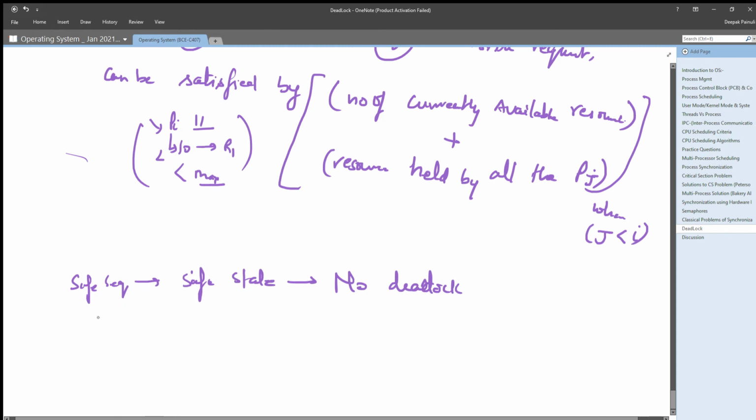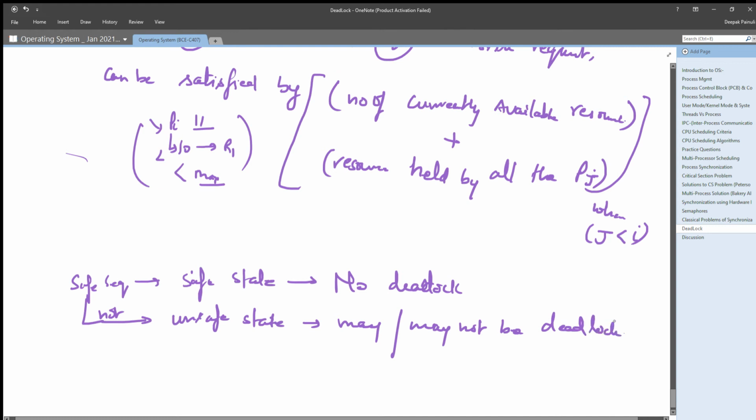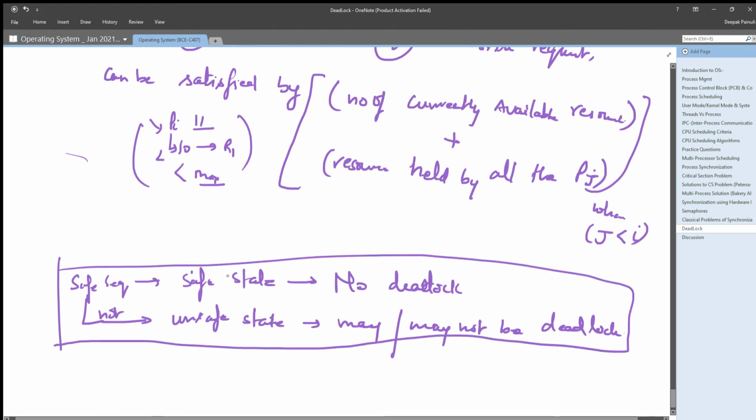And if there exists no safe sequence, that means an unsafe state, then we can say that there may or may not be deadlock. We cannot guarantee that if there is no safe sequence, then there will always be deadlock. But we can say that there may be a chance that the system will be in deadlock, right?